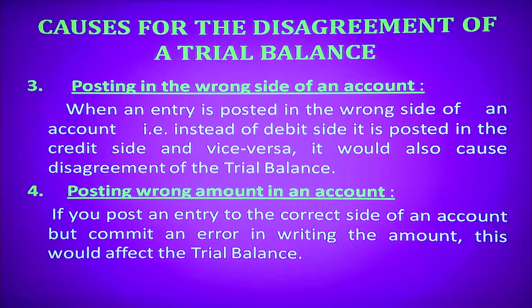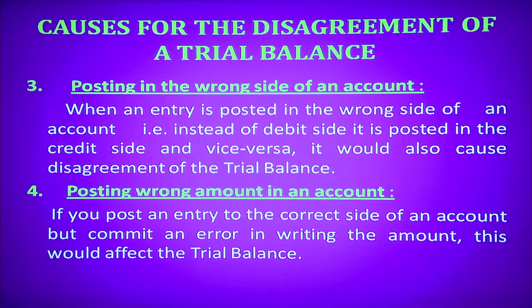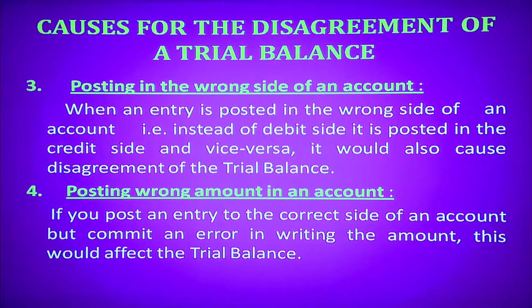So, when an entry is posted on the wrong side of an account, that is, instead of the debit side it is posted on the credit side or vice versa, it would also cause disagreement in the trial balance. Fourth is posting the wrong amount in an account. If you post an entry to the correct side of an account, but commit an error in writing the amount, this will again affect the trial balance.